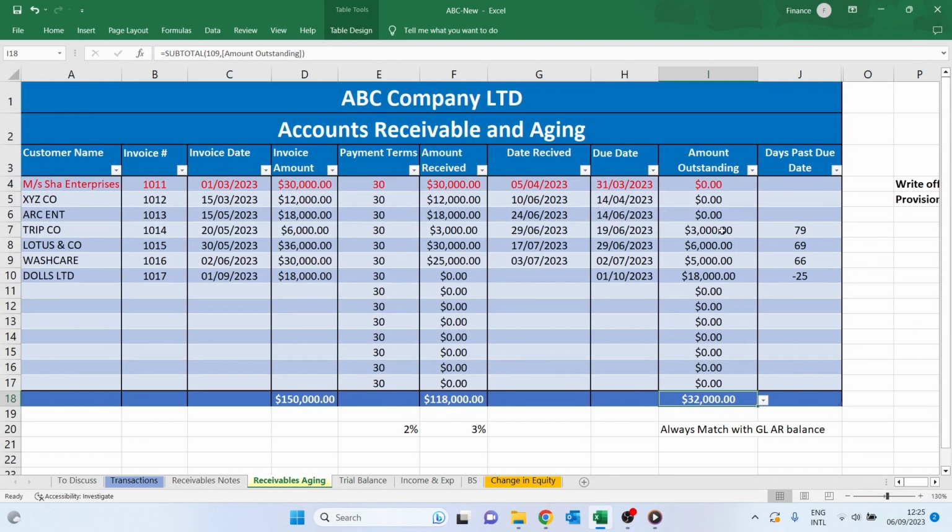Yeah, this 3,000 is what we have provided the provision for, but it is still there in the account because we need to show it as accounts receivable. Like we discussed, we need to send reminders to the customer and follow up on collection, and that is why we need to keep this amount intact.